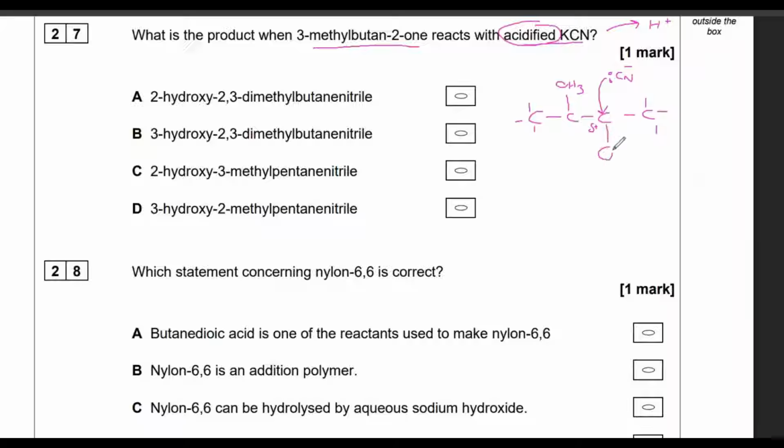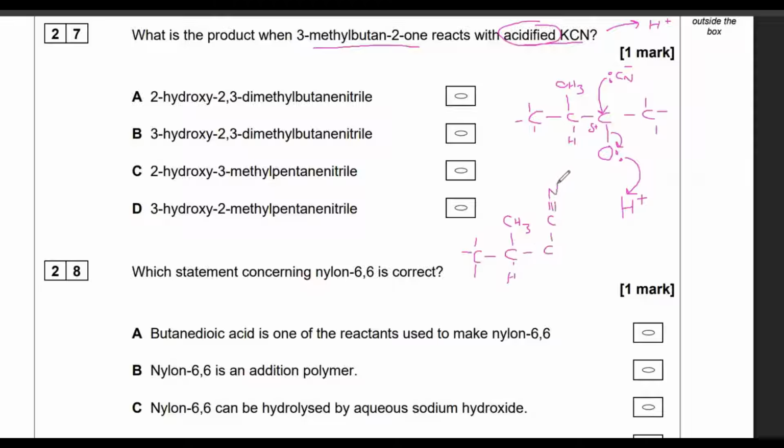What's going to then happen to the oxygen? The oxygen is going to have to lose one of its bonds. So the lone pair is going to go to the oxygen, make it negative. And then that hydrogen from the acidified KCN is going to get attacked by the lone pair on the oxygen. And you're going to get a hydroxynitrile formed. And in this case, it's going to be 2-hydroxy because the nitrile group is going to be attached to the 2nd carbon.